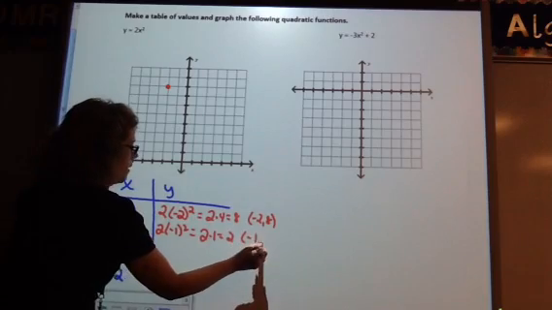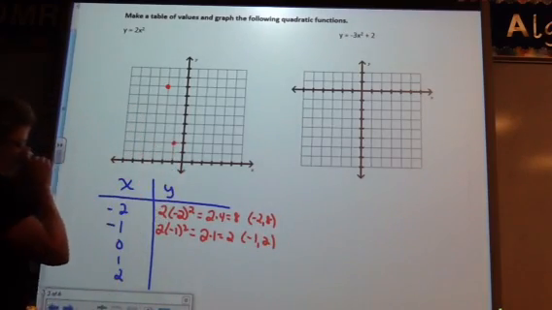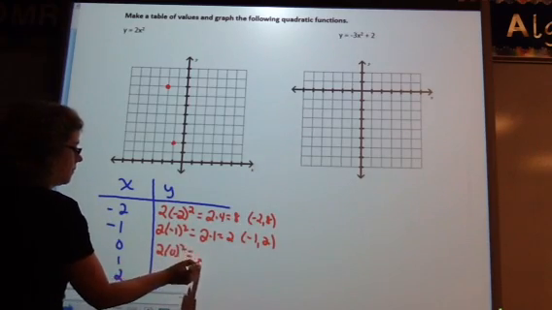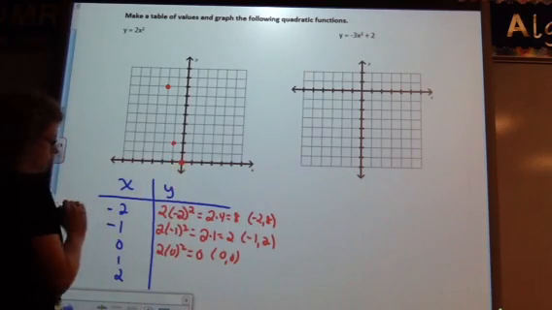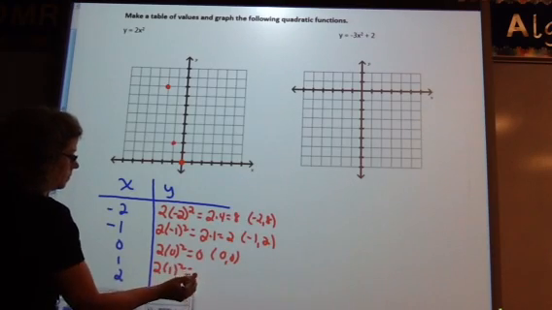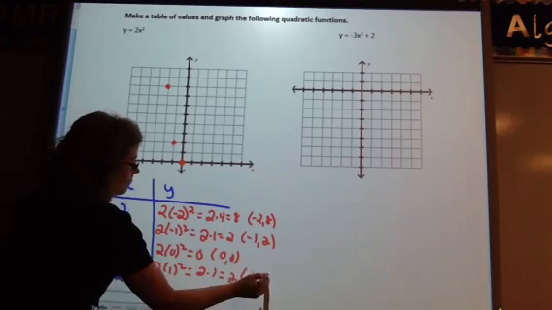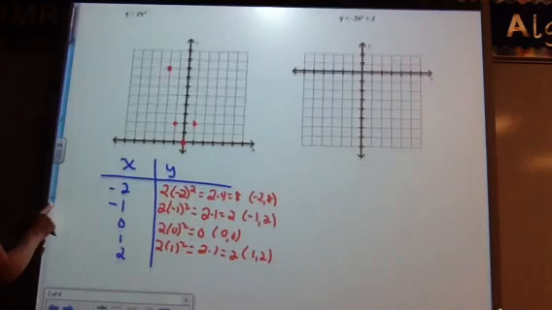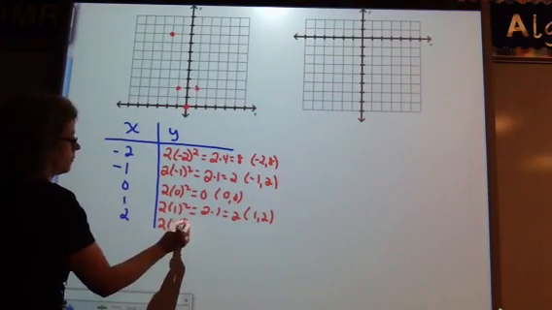So this ordered pair is -1, 2. Now we're going to substitute 0 in for x. So this point is right at the origin, and then we're going to substitute 1 in. And then we're going to substitute +2 in.